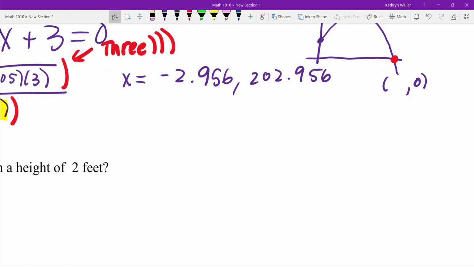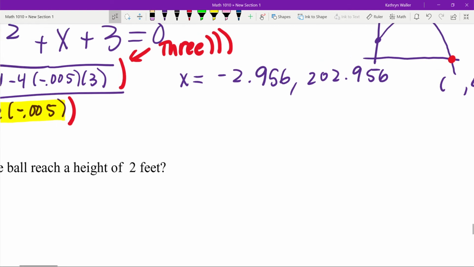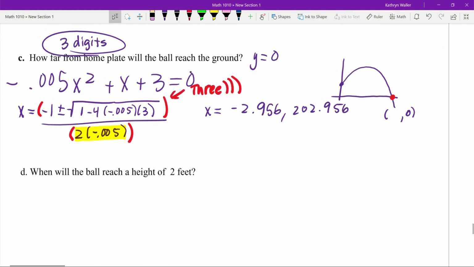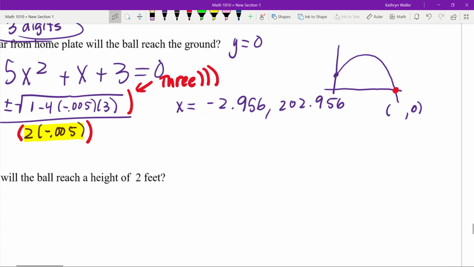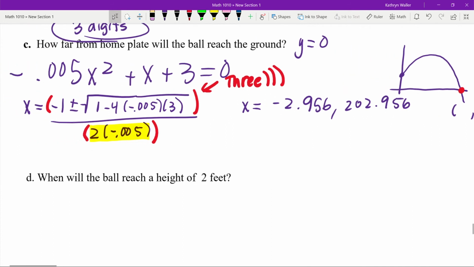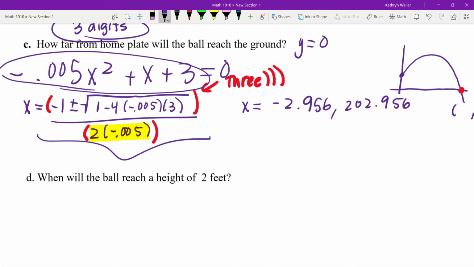Somebody talk to me about this. Wouldn't you have to divide that then by the number to that second 202.956? No. So this is saying the two places where it hits the ground are those two places. And I just took this quadratic formula and applied it, stuck it in.